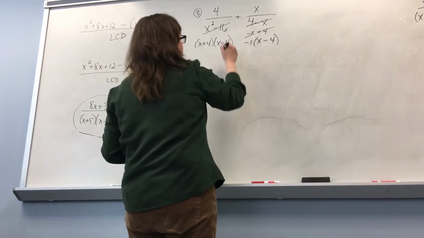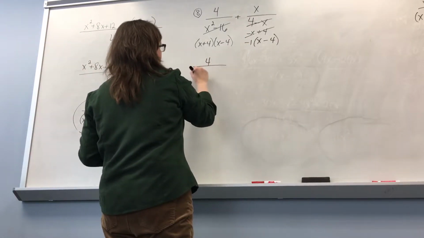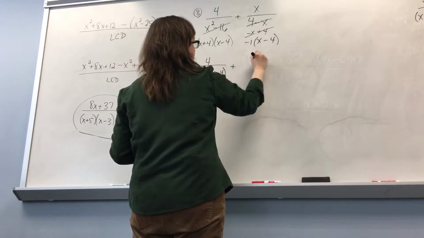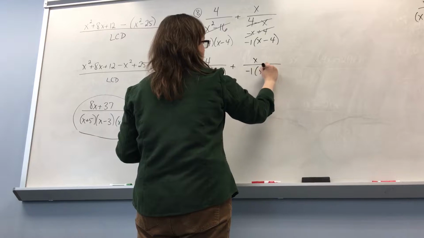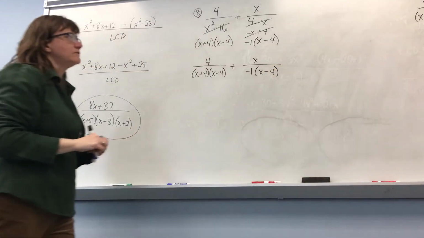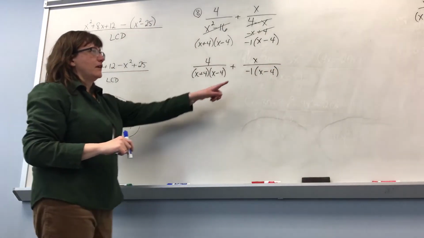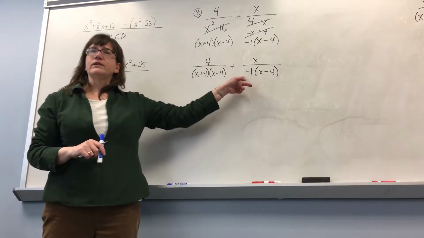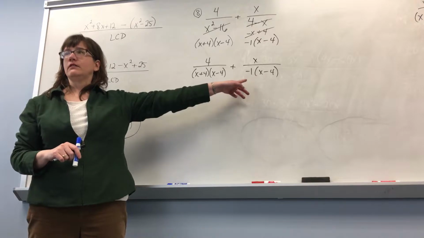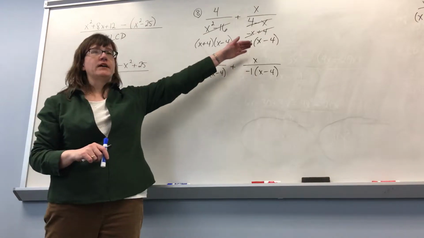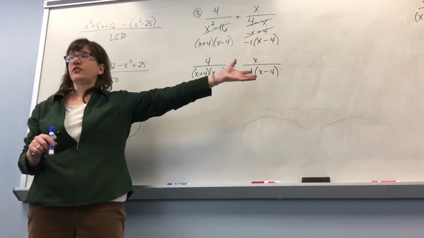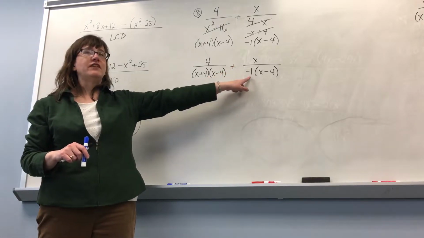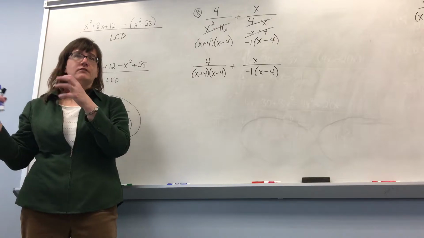So if we think about, we have 4 over x plus 4 times x minus 4 plus x over negative 1 times x minus 4. When you have a positive number divided by a negative number, what sign is your answer going to be? Negative. So basically what we can do is move this negative to the outside of the fraction.